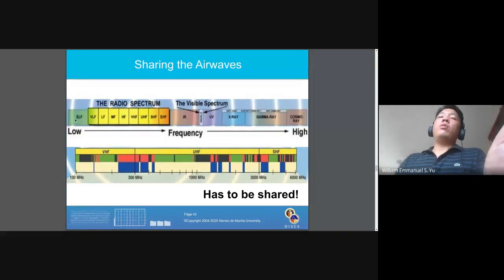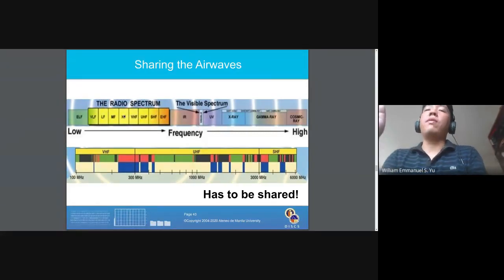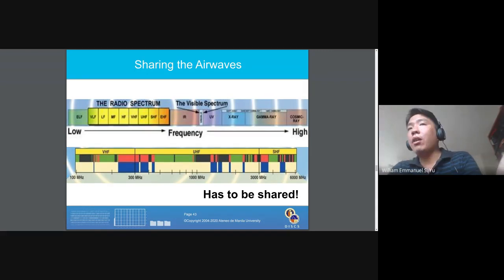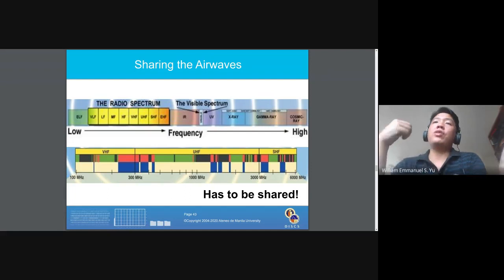Between low frequency and visible light, you have what we call the radio spectrum. This is what we use for majority of our use cases today. They're lesser than visible light, so you don't see them, right? They're high enough so you don't hear them, and they can carry your information. So this is what we call the radio spectrum.